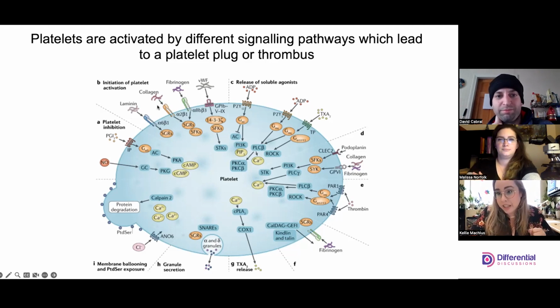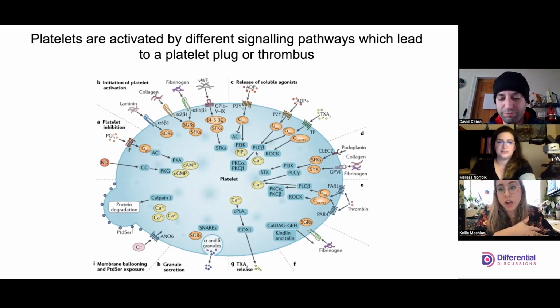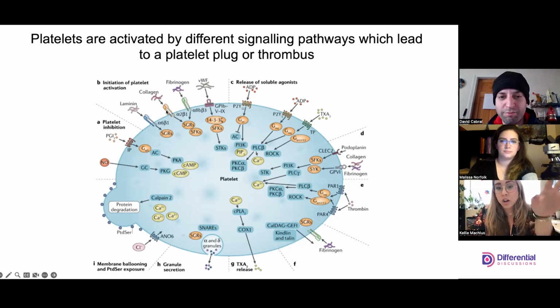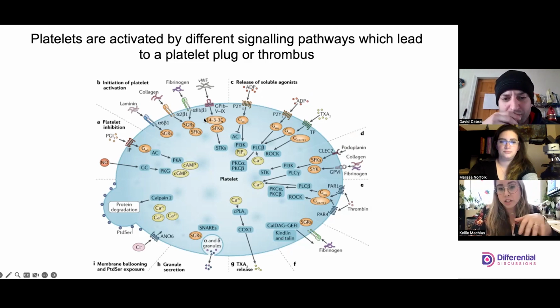One of the main things is something like collagen or von Willebrand factor, which is exposed if you have vascular denuding or a cut. So let's say that you have a cut. Now that platelet sees collagen, which is under the surface of your endothelial cells, or von Willebrand factor. It's going to engage these receptors and cause this downstream signaling.